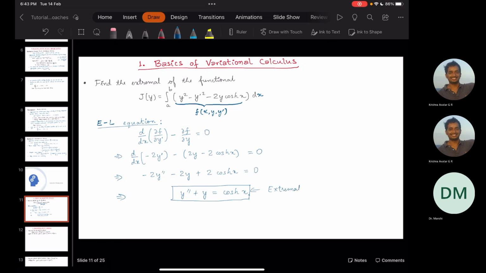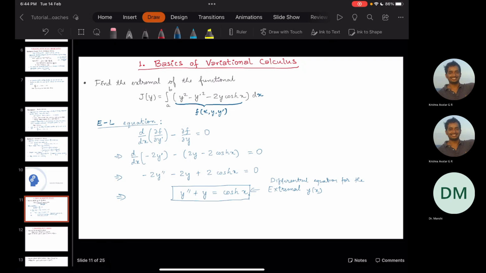But mind you that this just gives us a differential equation for the extremal. It doesn't directly give us the extremal.